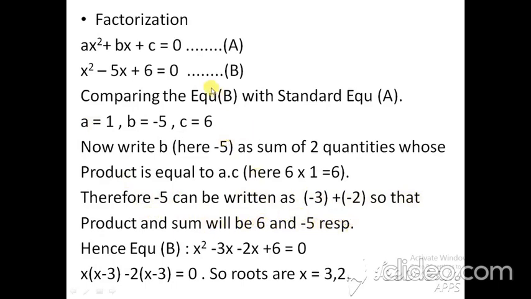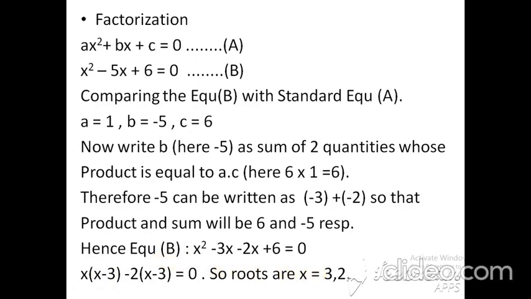So equation B can be simplified as x square minus 3x minus 2x plus 6 is equal to 0. On further simplification, by taking the common terms out, we find the roots are x is equal to 3 and 2.